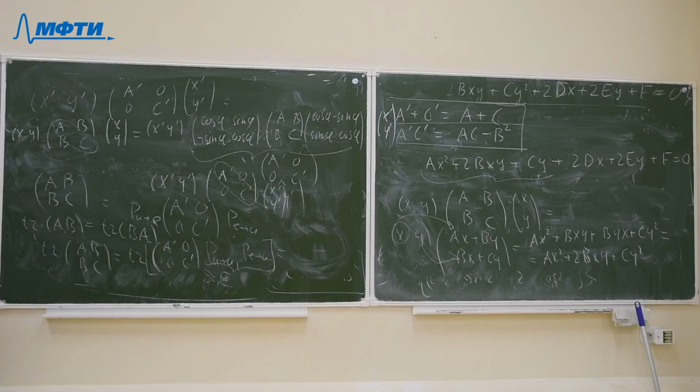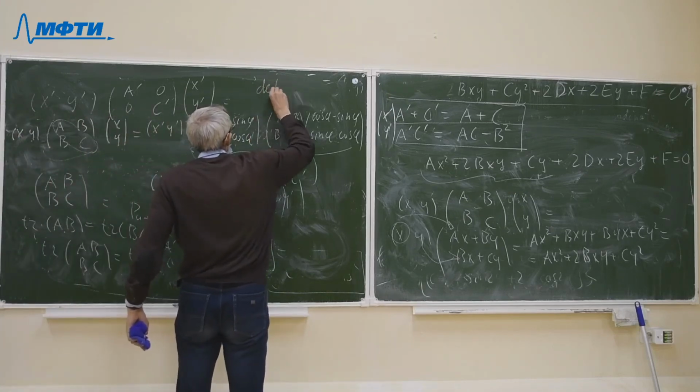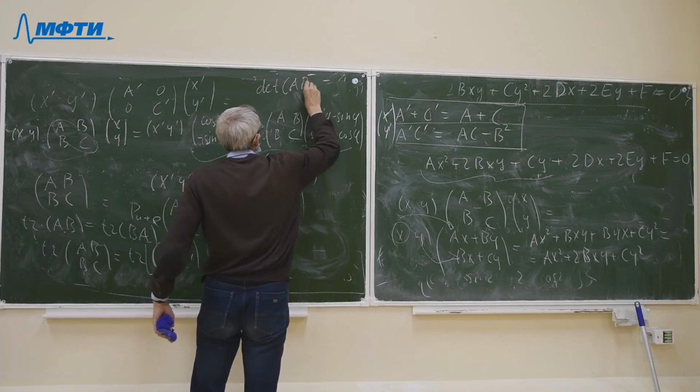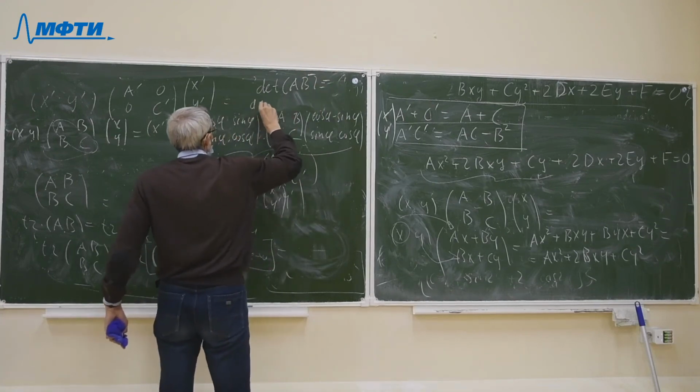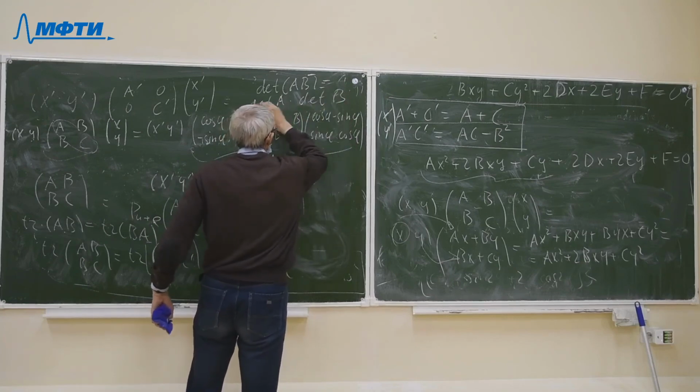And we have the second property of determinants. The determinant of the product of two matrices is equal to the product of the determinants of these matrices.